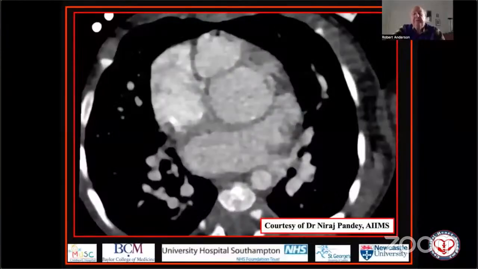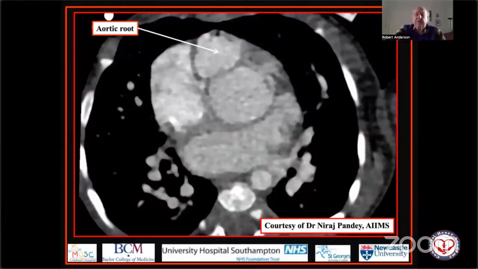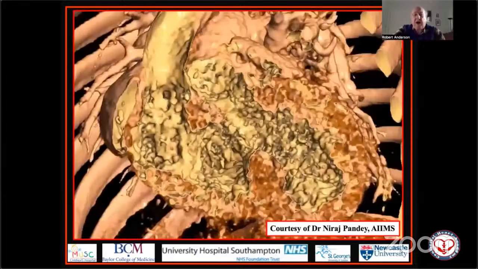But I can now show you an example, again as demonstrated by Neeraj from the All India Institute in New Delhi. So here is a short axis cut through the heart, and here you see the aortic root, which in this instance is anterior and marginally to the right of the pulmonary trunk. But both of the arterial roots are arising from the morphologically right ventricle, as Neeraj shows you in this virtual dissection.